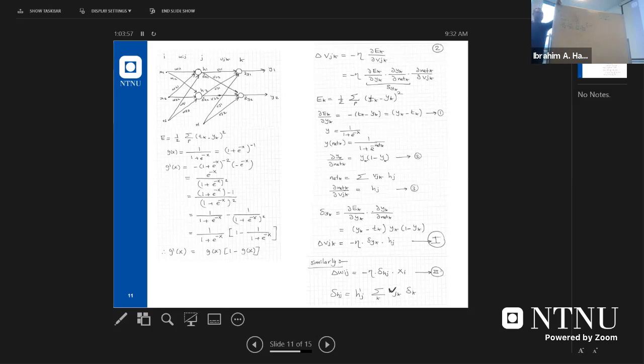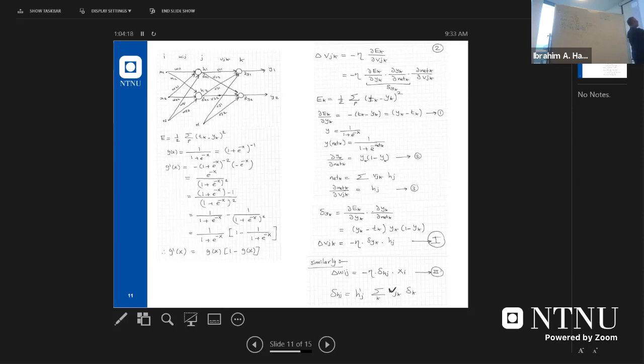So what about the second one? I need to find partial y by partial net. It's very easy. Partial y by partial net is y dash. So how can I get it here? This is the function here, g of x, or y of x.